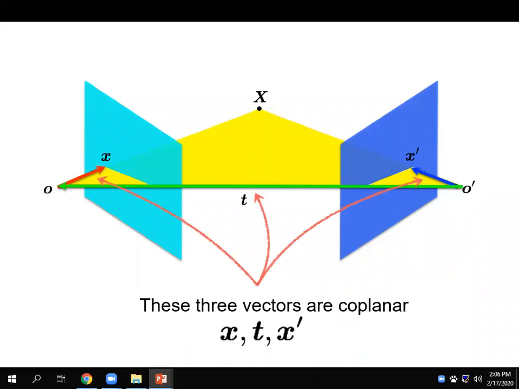But if you look at these 3 vectors, T, X, and X dash, they are coplanar. What does it mean, coplanar? Meaning that all of these vectors are in the same plane. If they are in the same plane, they're called coplanar.